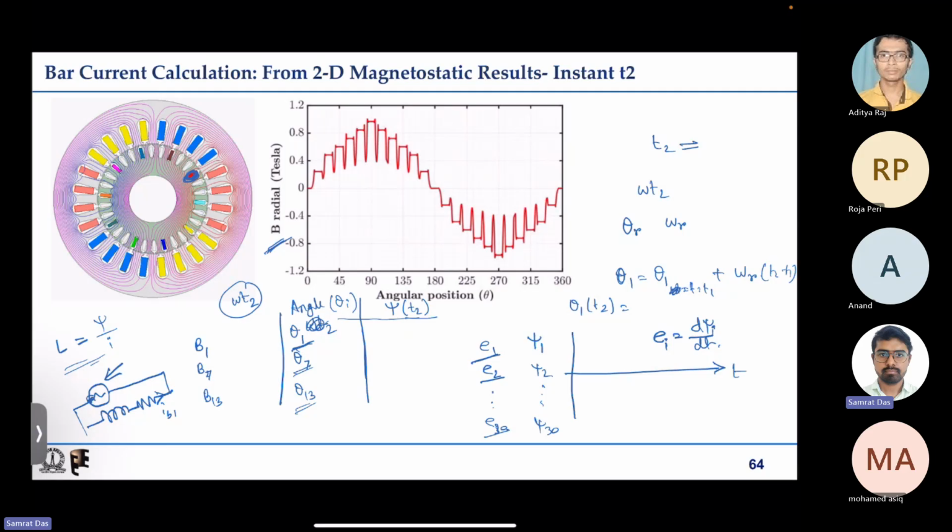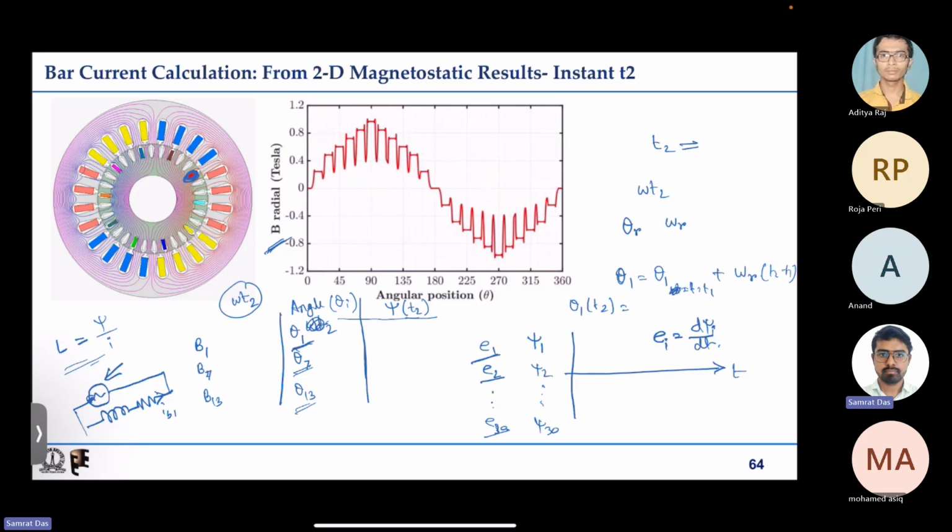If we try to calculate the bar currents from 2D magnetostatic, the first assumption we have to take is that we will only consider the stator-induced flux density distribution in the air gap in order to calculate the rotor flux linkages. That is the first assumption, and it is true also.